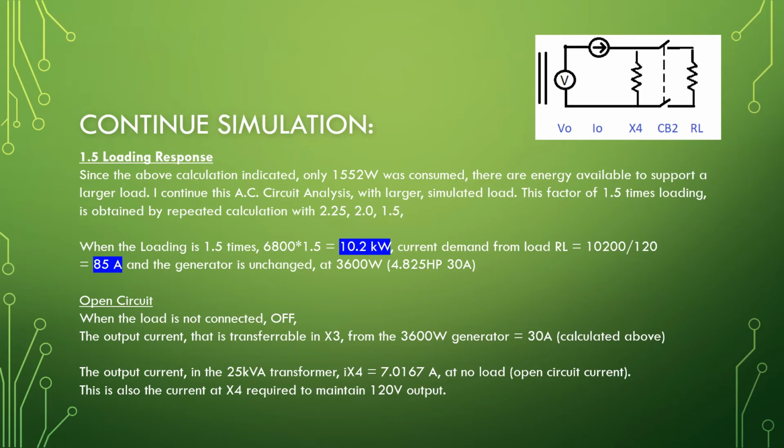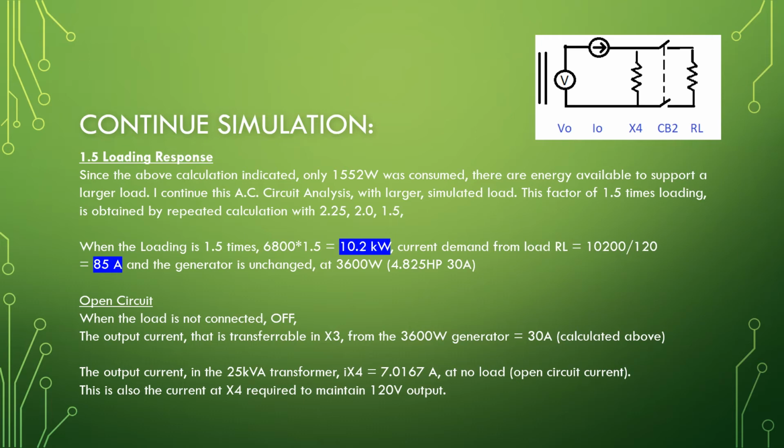Current demand from the load RL equal to 10,200 divided by 120 equal to 85 ampere, and the generator is unchanged at 3,600 watt or 4.825 horsepower, 30 ampere. Open circuit. When the load is not connected, off.